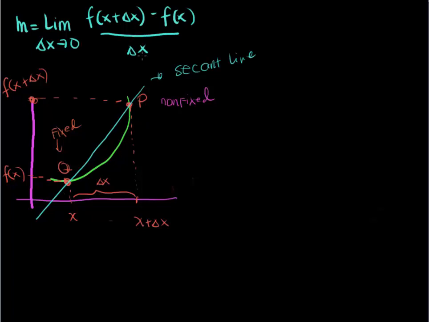So let's say, for example, I'm going to move point P closer and closer to point Q. However, I will not allow it to be on top of point Q because if it were on top of point Q, you wouldn't have a line anymore. You would have a point. Remember, you need to have at least 2 points to make a line. So remember those concepts.